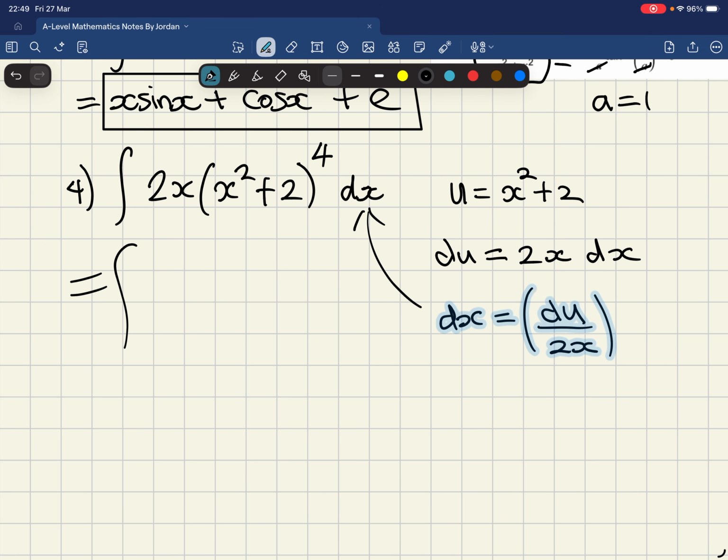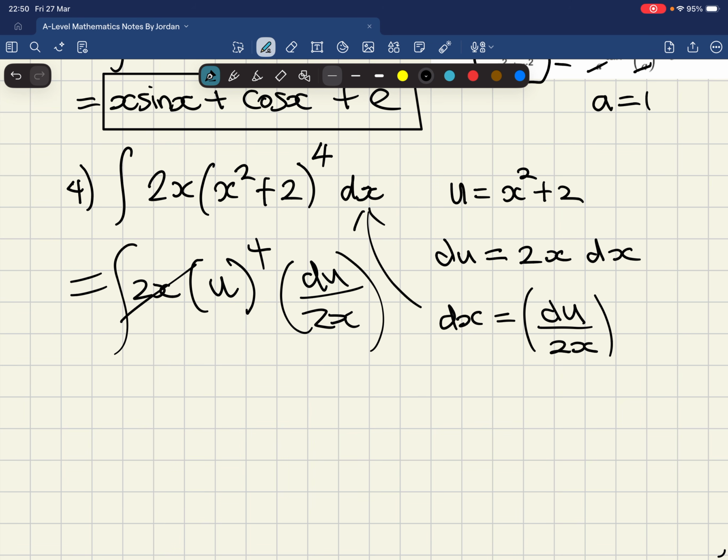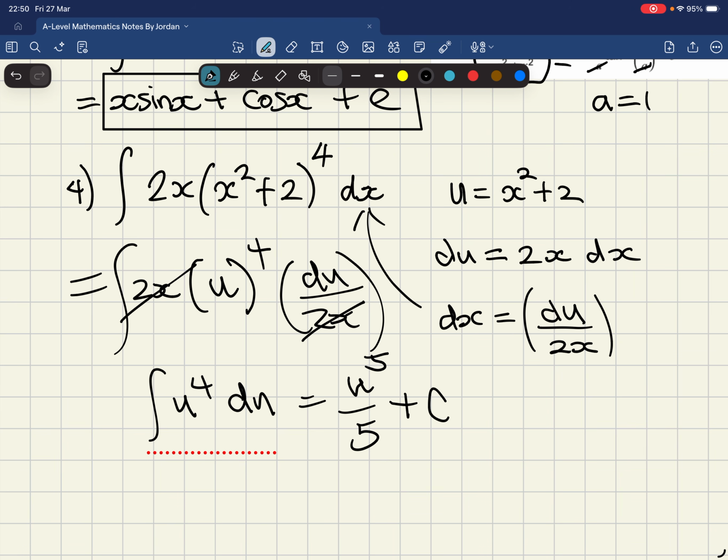So if I was to substitute in there, I've got 2x here. This is now just going to be written as u to the power of 4. And dx is going to be du over 2x, which nicely cancels that out. So it's just the integral of u to the 4, which is u to the 5 over 5 plus c.